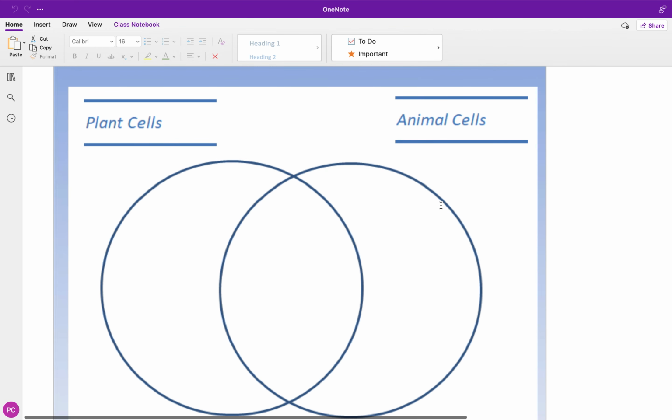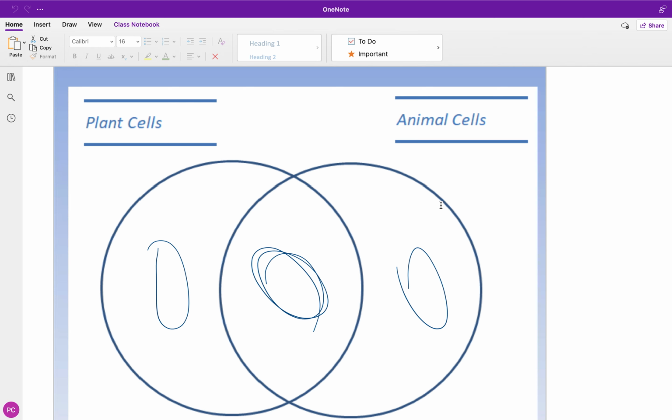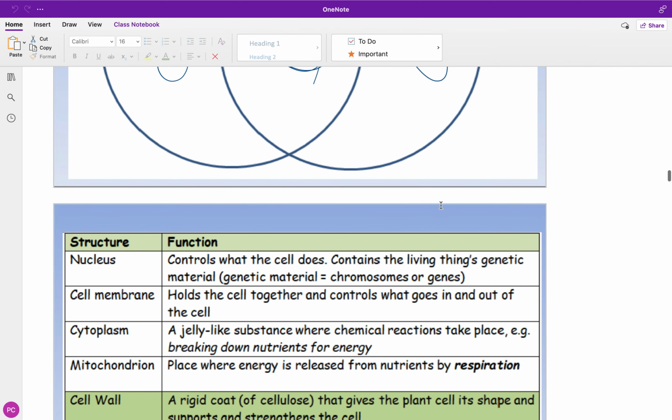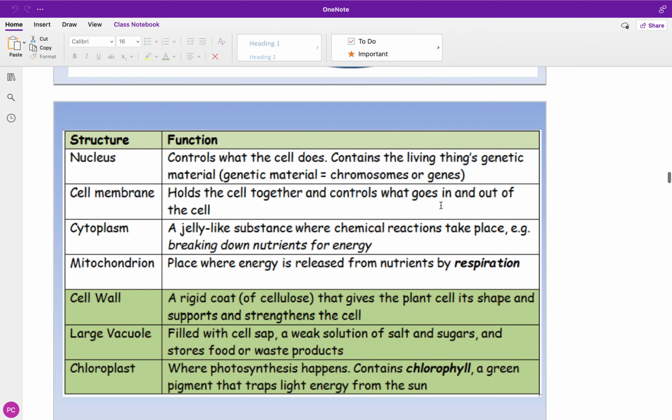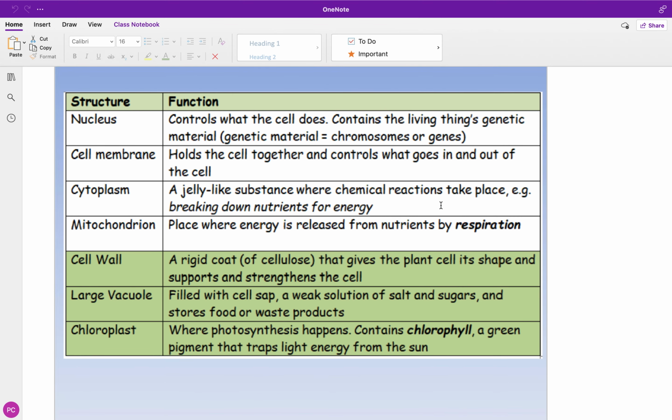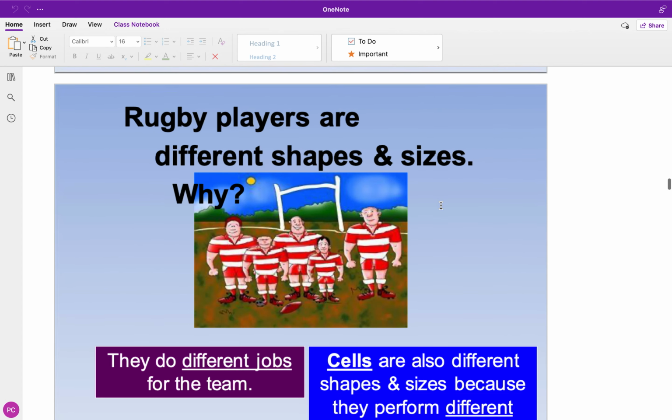I just put in a thing there for you to fill in, basically. So all the stuff that are in plant cells go here, all the stuff that are in animal cells go here, and all the stuff that are in both of them go in the middle. So if you've started sets in maths, this is a Venn diagram of the commonalities between animal cells and plant cells, and I've put it in a nice table there for you to take a look at and read.